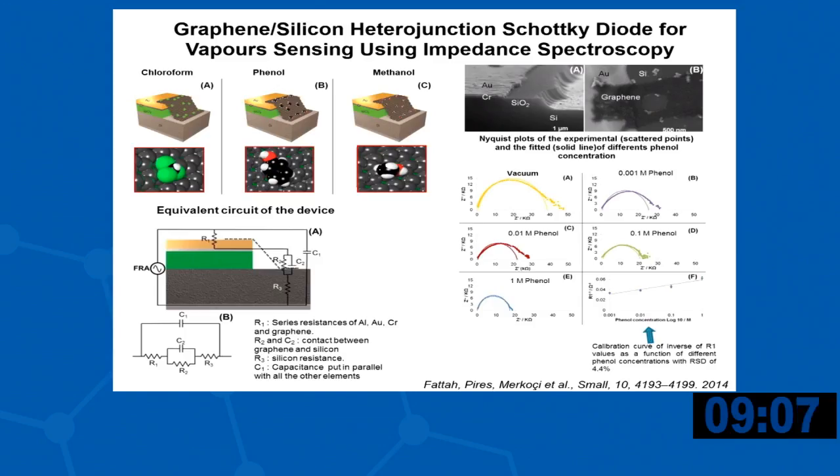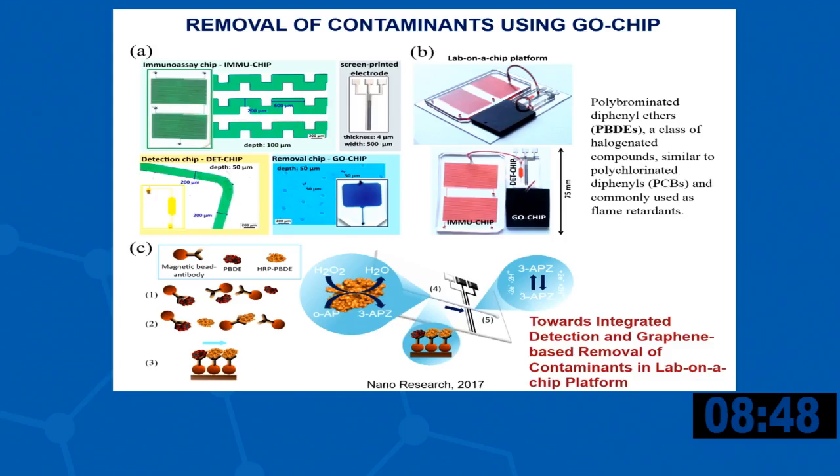We also found some interesting applications, for example, to detect some volatile compounds with interest for gases. We are still not able to do this selectively, but we are thinking of using some receptors and trying to do some modification of graphene to do detection of some gases with interest.